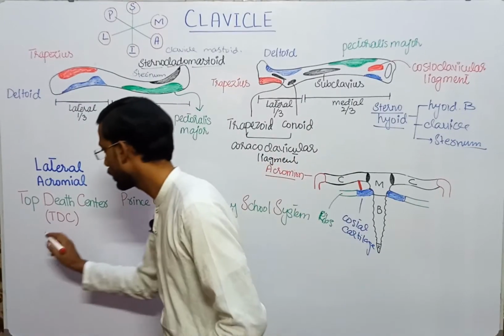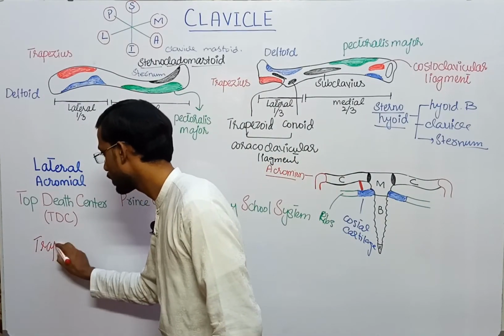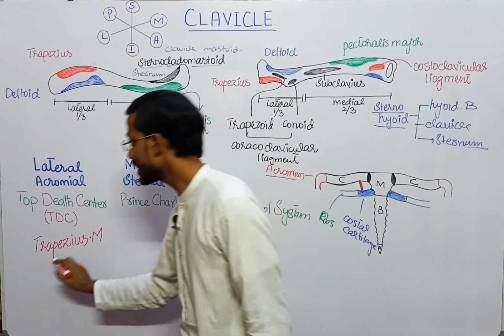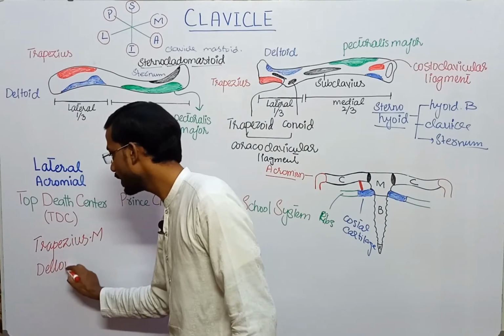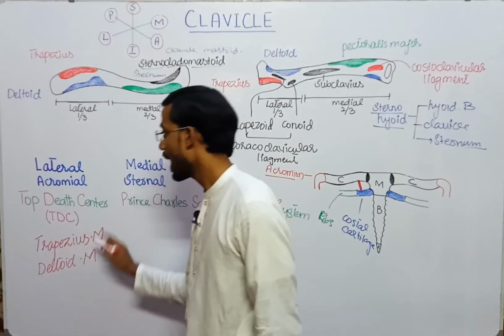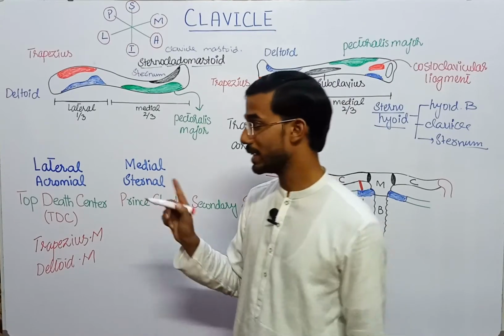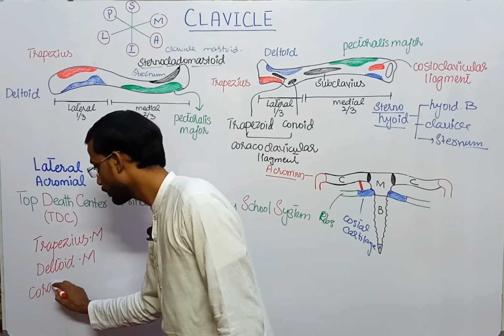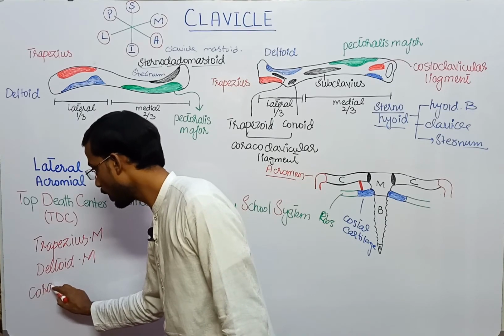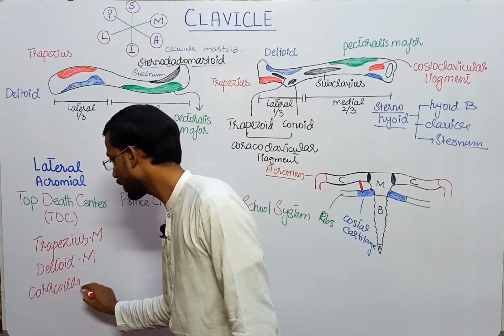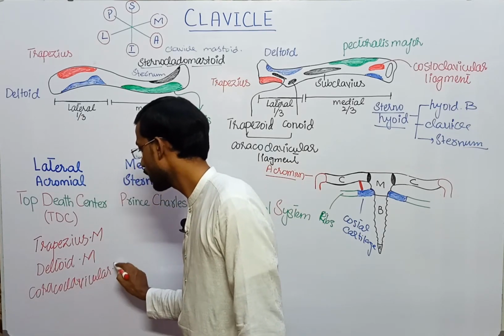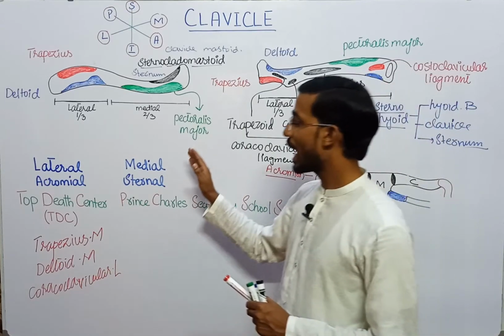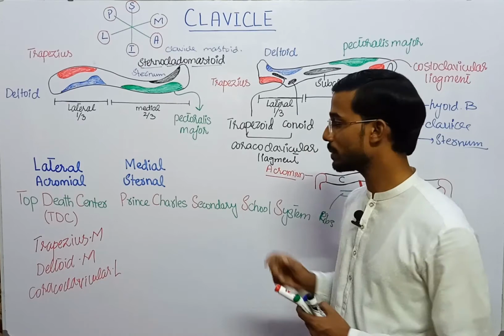T stands for trapezius muscle, D stands for deltoid muscle, and C stands for, it's not a muscle, it's a ligament called the coracoclavicular ligament. At the medial side, or sternal side, what muscles are present?